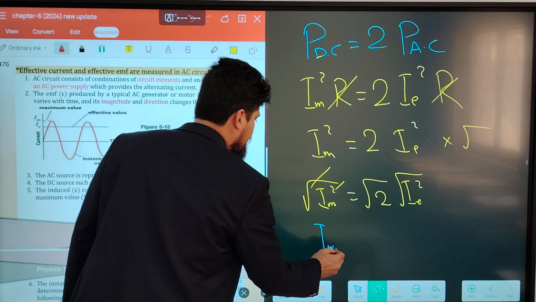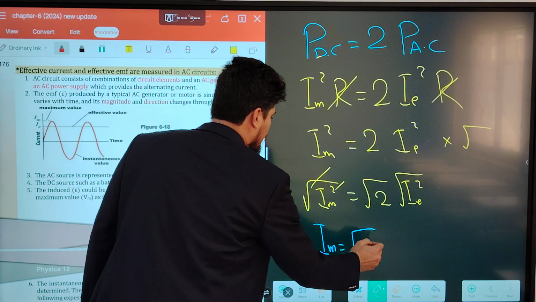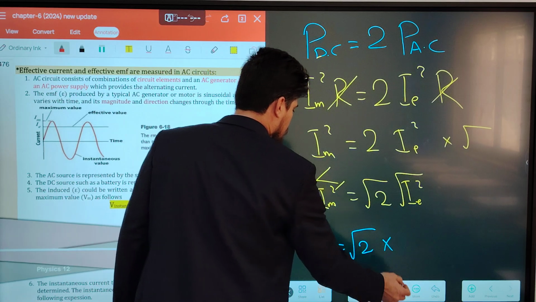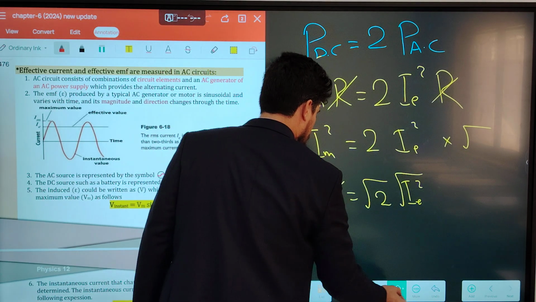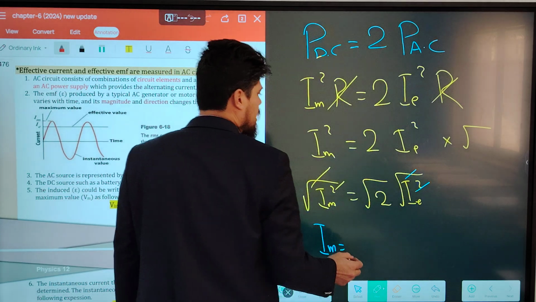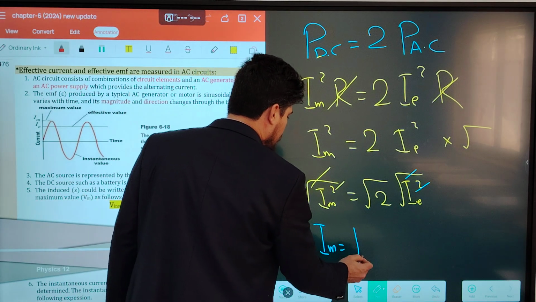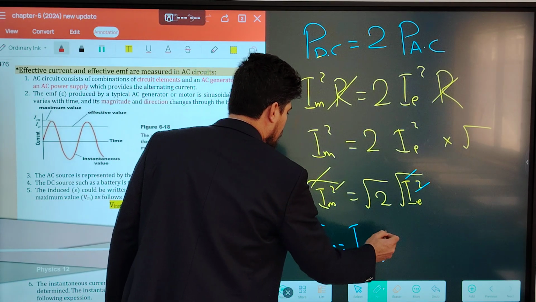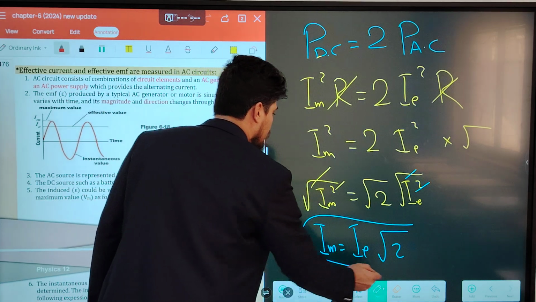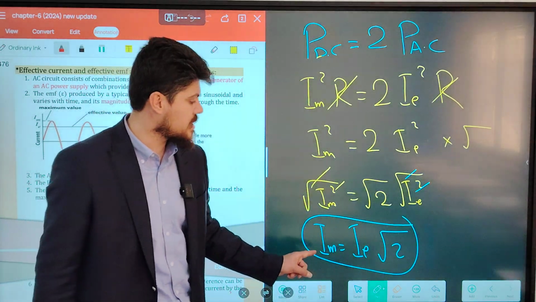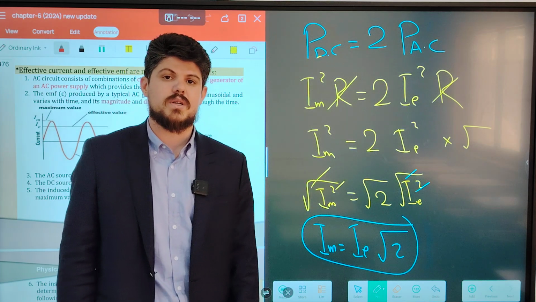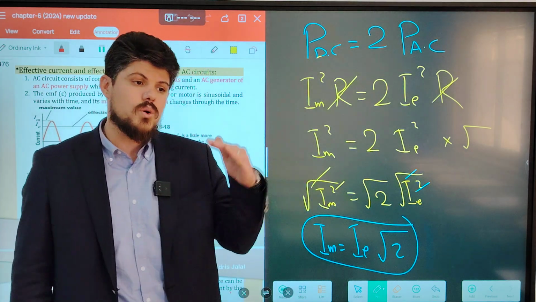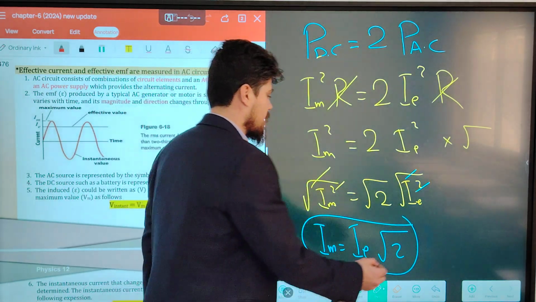Only IM equals radical 2 times, or you can say, the radical with the square cancels, so what remains is I effective times radical 2. This is the relation between maximum current and effective current. Maximum current is always bigger than the effective current, so the effective current is always located below the maximum current.